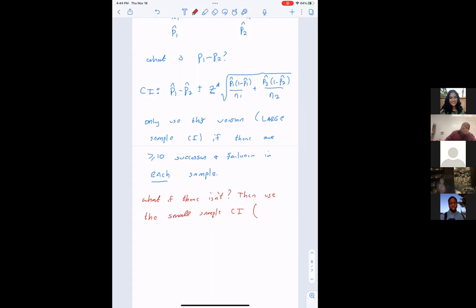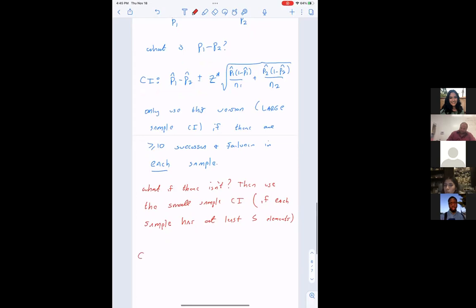But you could use a small sample confidence interval if each sample has at least 5 elements. So I get to use a small sample confidence interval for 2 proportions if each of the samples has at least 5 elements.